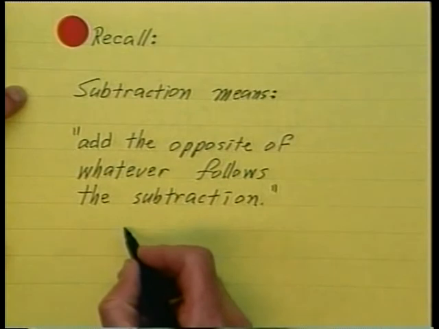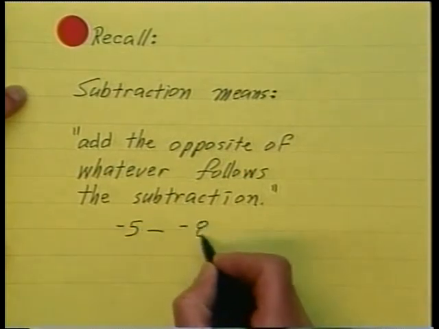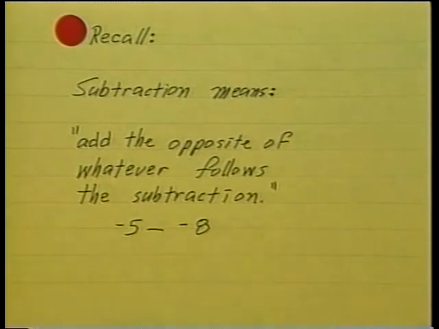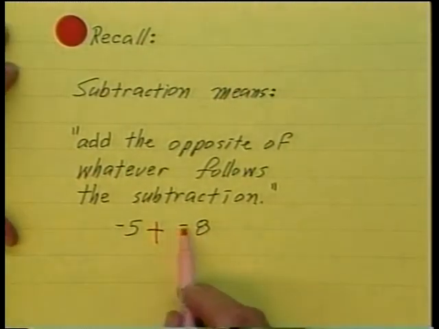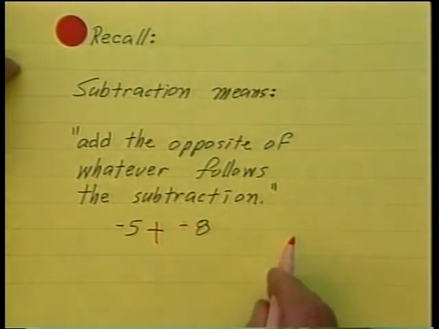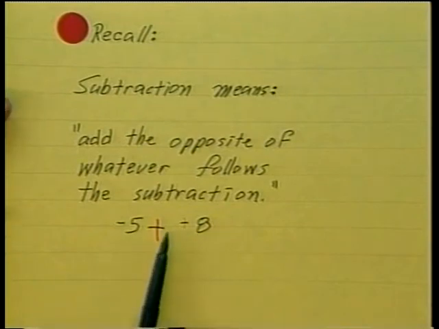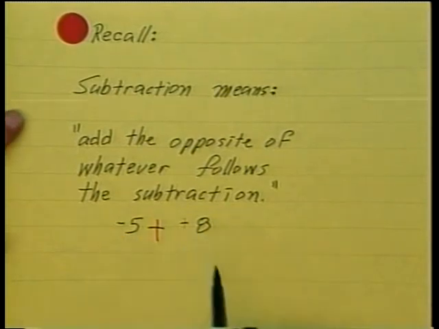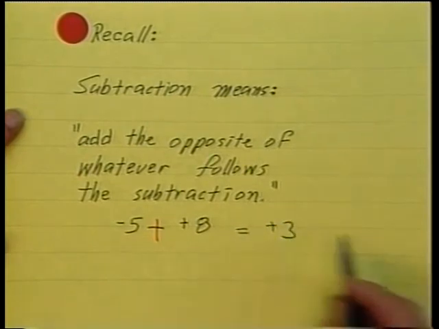So that if I had, let's say, a -5 minus negative 8, you would simply think subtraction means add the opposite of what followed, which is negative 8, and hence it becomes positive 8. And then we must assume at this point that addition is almost an automatic response, that you just look at these two and say, of course, the answer is positive 3.